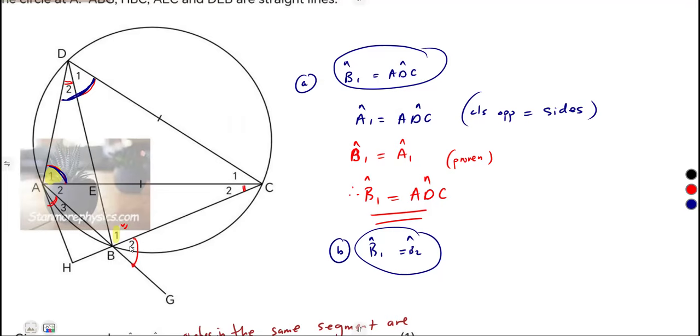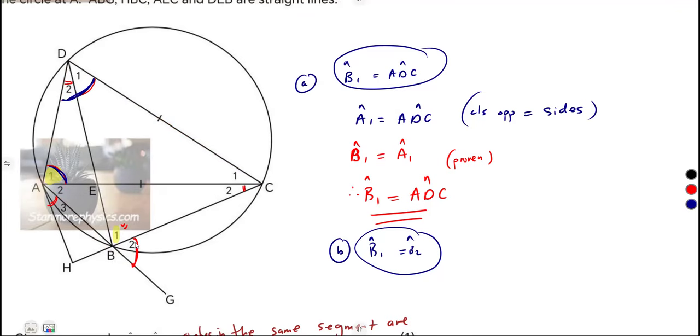If we can do this, guys, angle B2 and this angle ADC. Remember, we talked about angle ADC before. So that's this angle B2 and ADC. They are the same. Remember, ADCB like this is a cyclic quadrilateral.